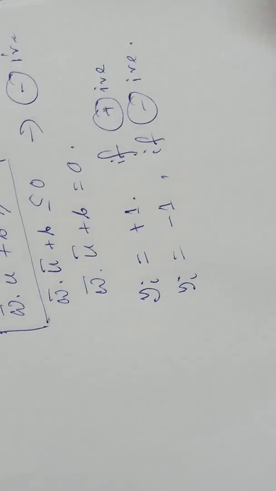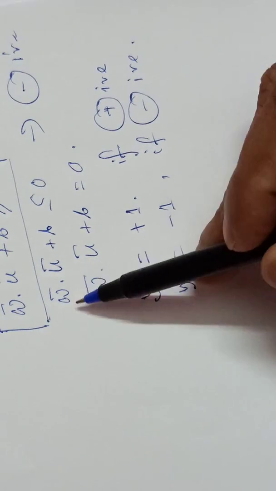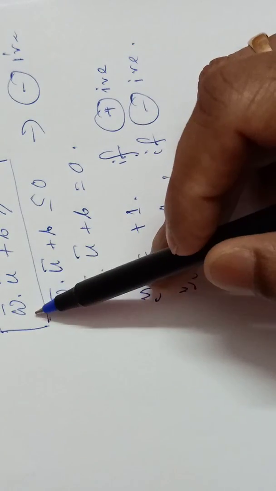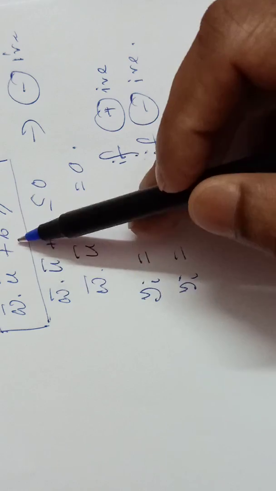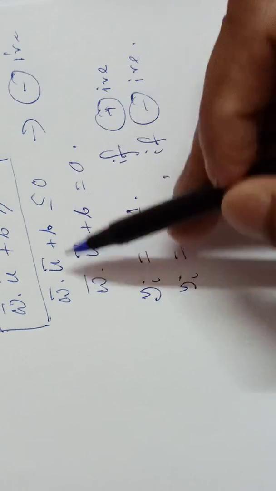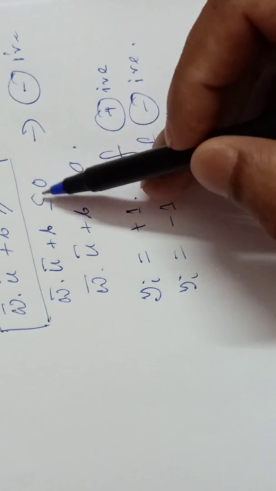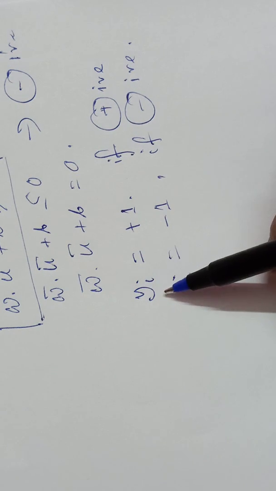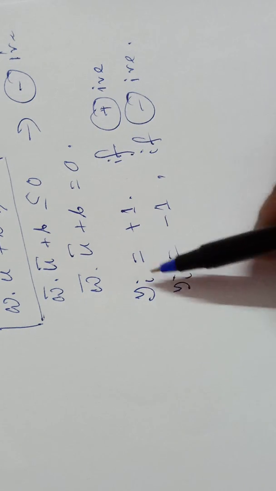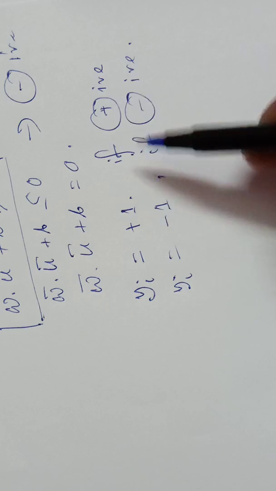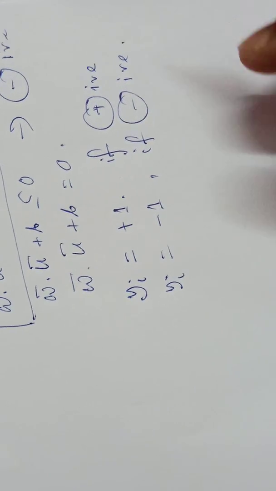Now think about this. If it is a positive class, then W U plus B is greater equals to 0. If it is negative class, then W U plus B is less equals to 0. We have considered one output variable y, which is plus 1 if positive, minus 1 if negative.